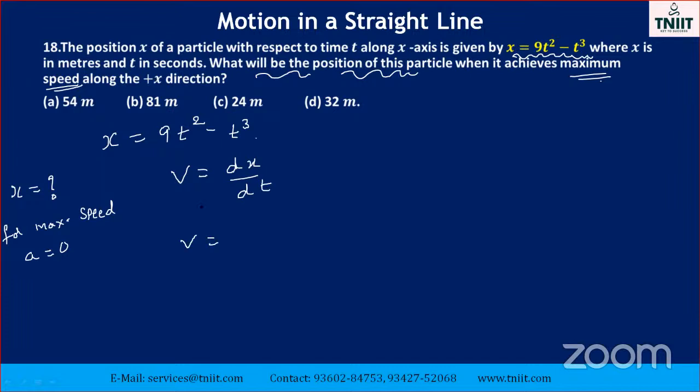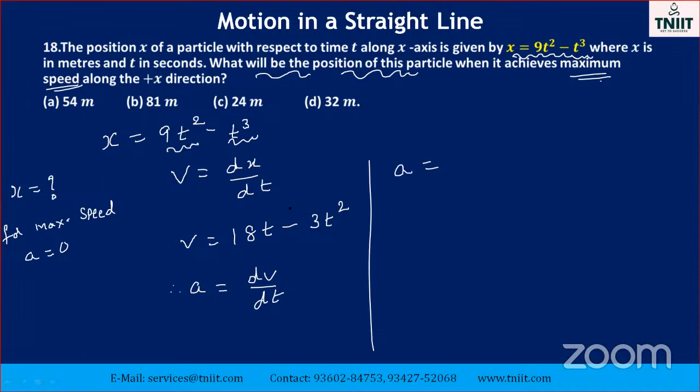So velocity is, what is the differentiation of 9t squared? It is 18t minus the differentiation of t cube, which is 3t squared. Now, by the definition, a is equal to dv by dt. 18t differentiation is 18, 3t squared differentiation is 6t.